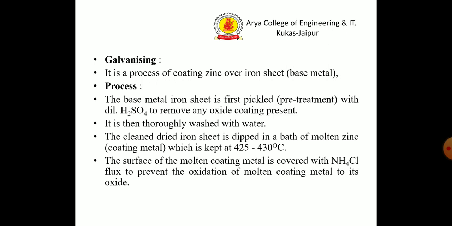Then it is thoroughly washed with water. Next, the clean dry iron sheet is dipped in a bath of molten zinc, which is kept at 425 to 430 degrees Celsius, and the surface of the molten coating metal is covered with NH4Cl flux to prevent the oxidation of molten coating metal to its oxide.